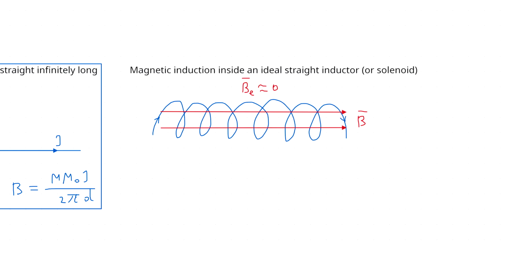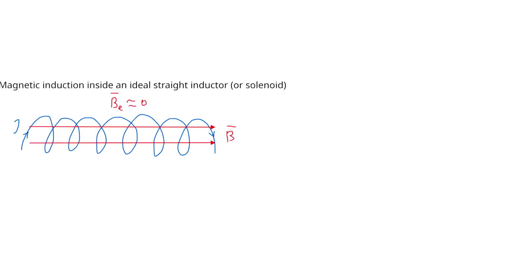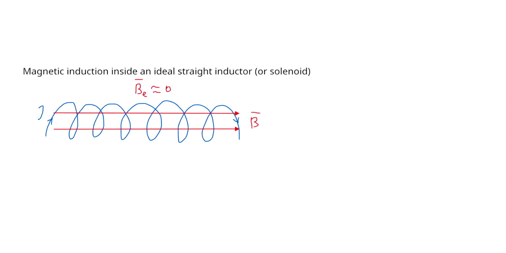We know the magnetic permeability inside the inductor, and we know n, the number of coils per unit of length of the inductor. So, what ideas do you have? How to calculate this B magnetic field inside the inductor?